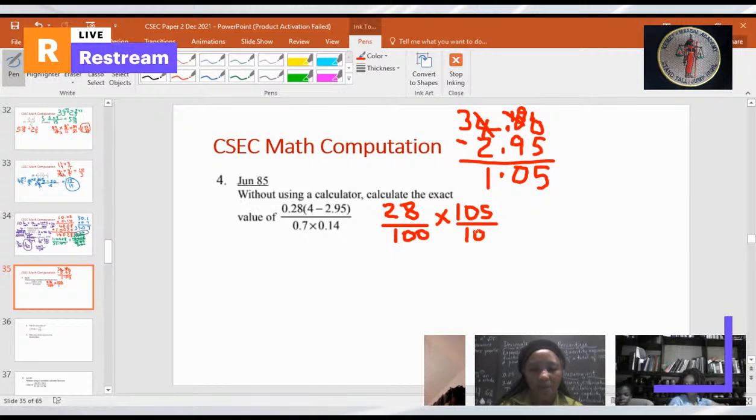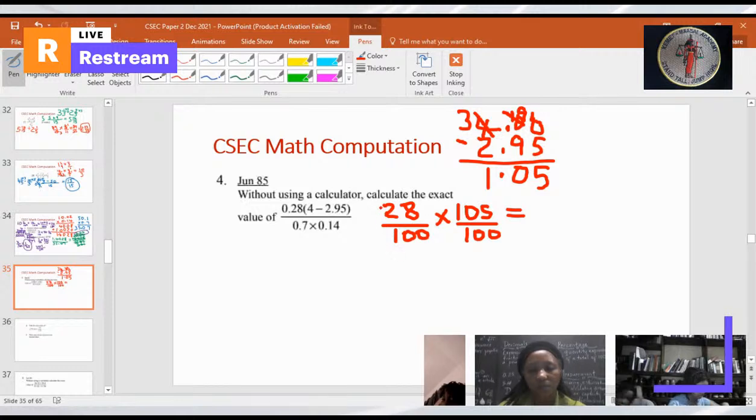All right. Can we reduce? Yes, miss. So reduce it. So what are we using to reduce them? We can use 4 for these two.